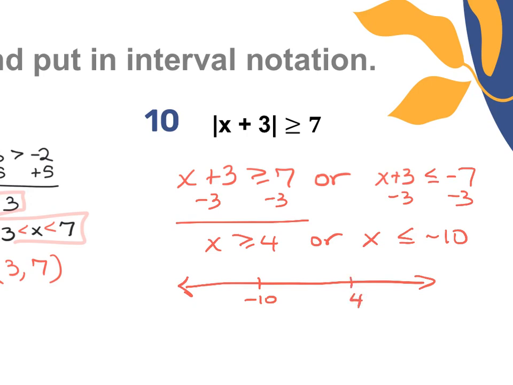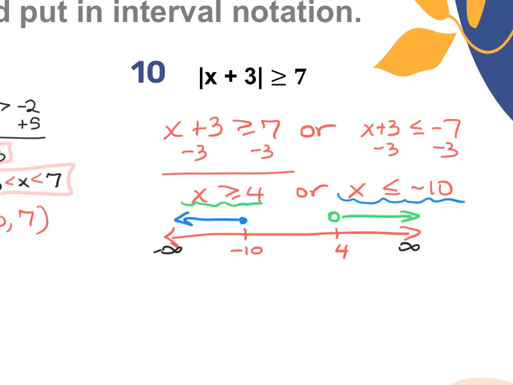So again, if you graph them individually, this is a closed circle pointing this way. This one is an open circle pointing this way. If you want to add the infinities, because now we need to write it also in interval notation, it's going to go from negative infinity up to the negative 10 with a bracket.